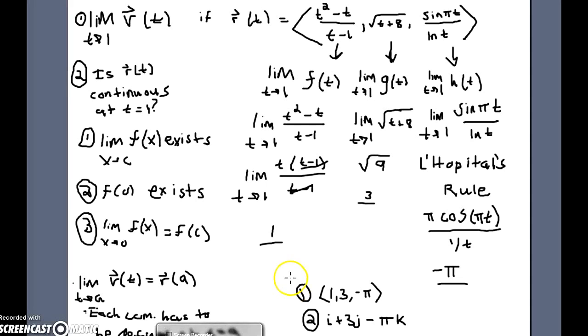And that is not the case with this one. As I just said, it is undefined for the x function here, and it is undefined for the z function here. That doesn't work out, so therefore the answer is no.